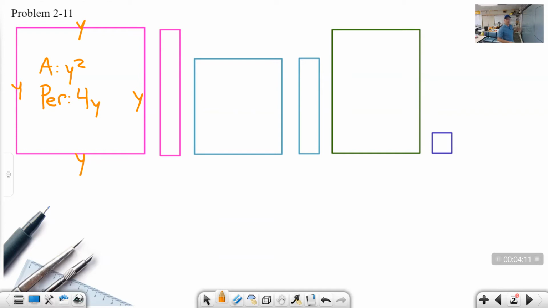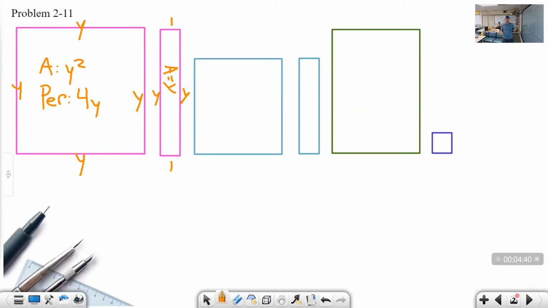Okay. Let's do the y rectangle. Now I know that this y rectangle, the area is y. If the area is y, I need to think about the dimensions on the outside. Well, I know this long length was y, and I know this short length is 1. So if I know two of the sides, I know the opposites, y and 1.